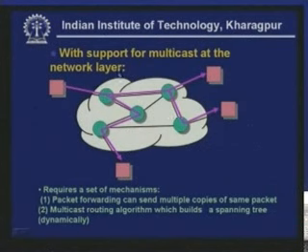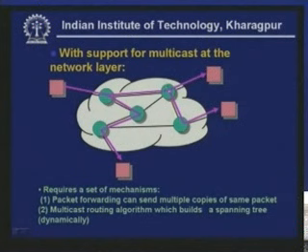Now if you have to have this multicasting capability for the routers, this requires specifically two things. One is packet forwarding: the router can send multiple copies of the same packet. For example, consider this router.